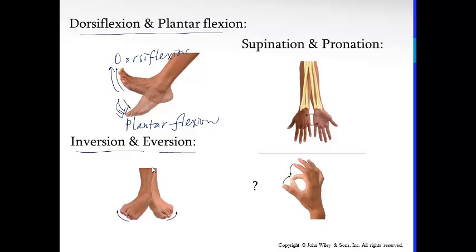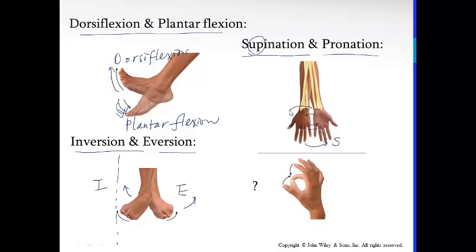Now, inversion and eversion, so we need to have the movements either medially or laterally. Do you remember which one was moving medially? Right. But make sure you find your midline. This is your left foot. So inversion, moving medially, eversion, moving laterally. Supination versus pronation. Supination is when it's turning upward, so turning upwards from here to here is supination.